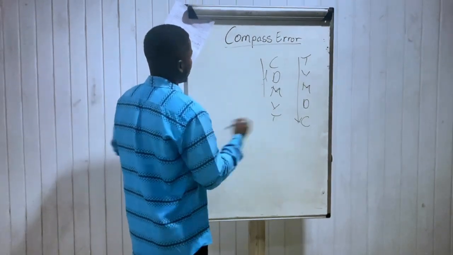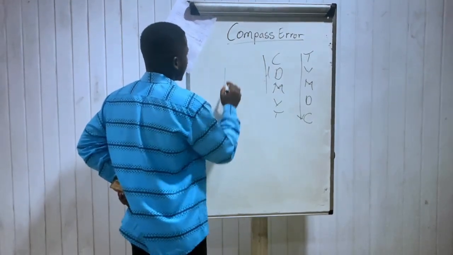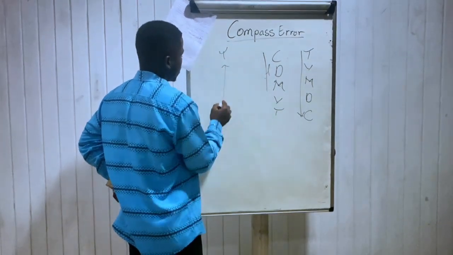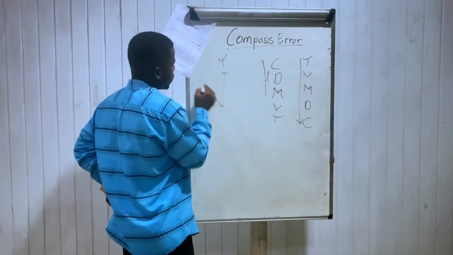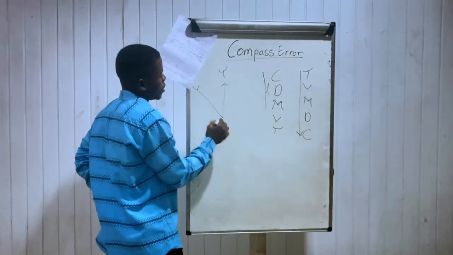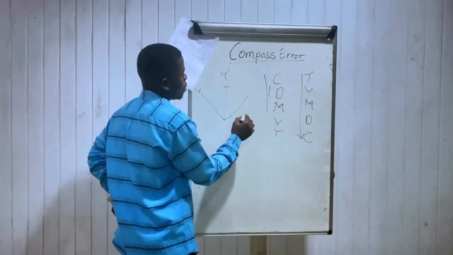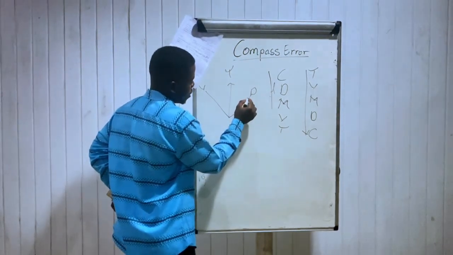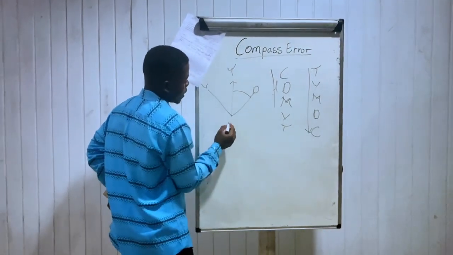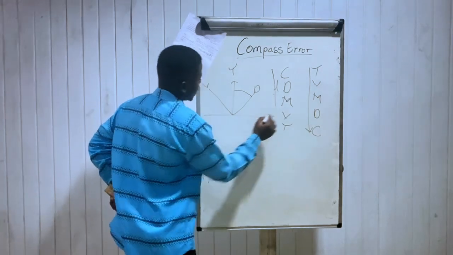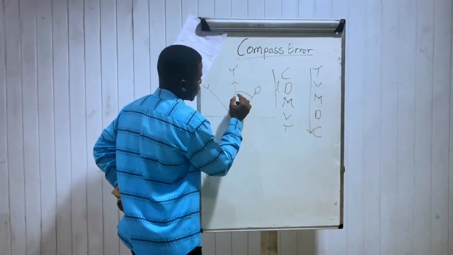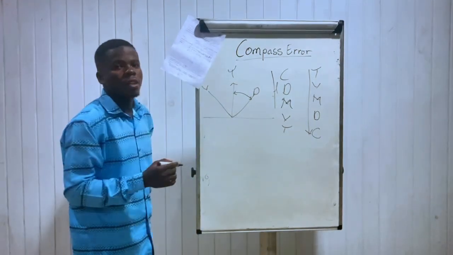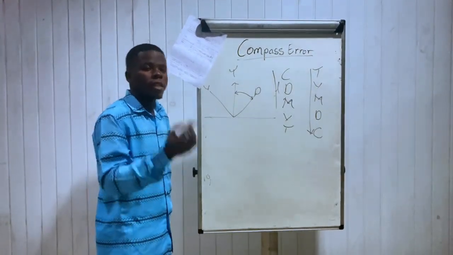Here will be our true direction. We can have our variation to be here and our deviation to be here. If I'm talking about the angular distance, this is it: the distance from here to here is an angular distance.